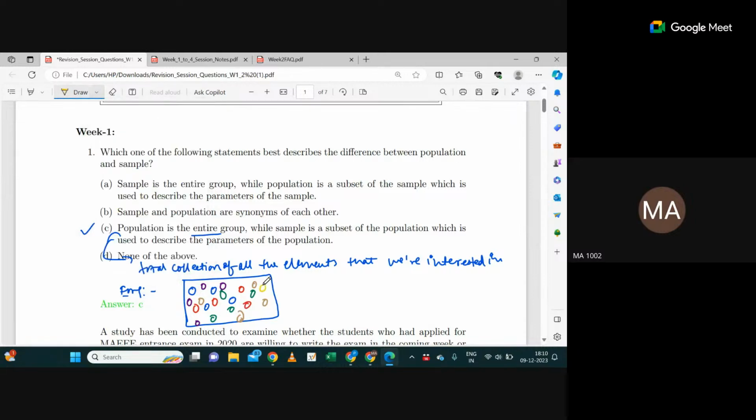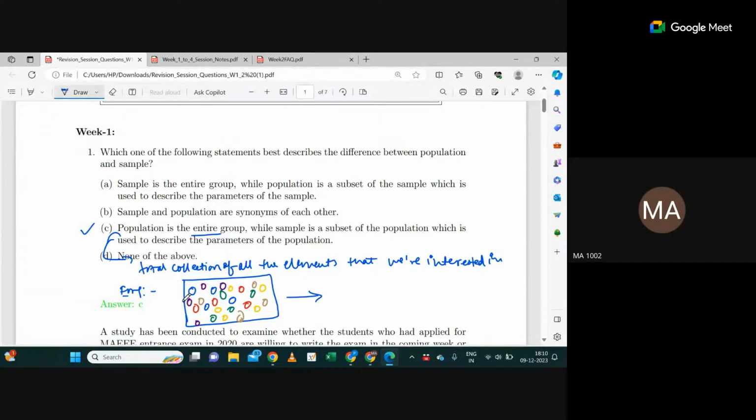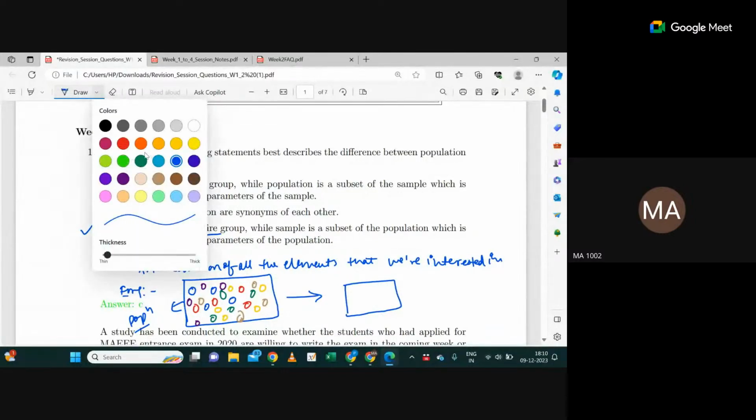These are, let's say, balls of different colors, a collection of balls of different colors. Suppose this is the total collection of balls of different colors in a shop. So this will be considered as a population. And what will be the sample? Sample is a subset of your population. For example, let's say I have taken some set like this.